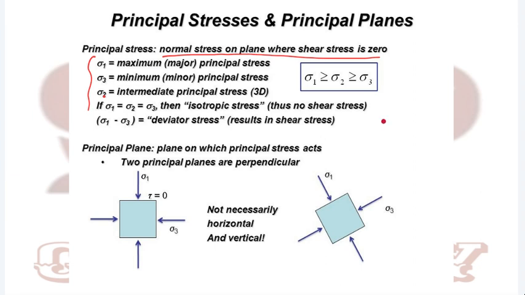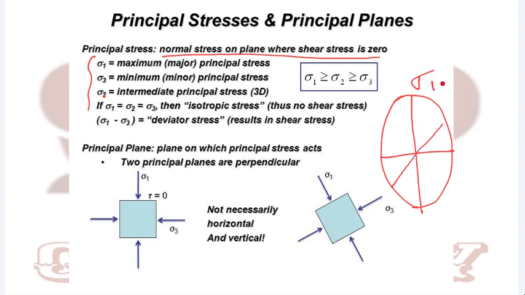We represent it like this: this is sigma 1, this is sigma 3, this is sigma 2.